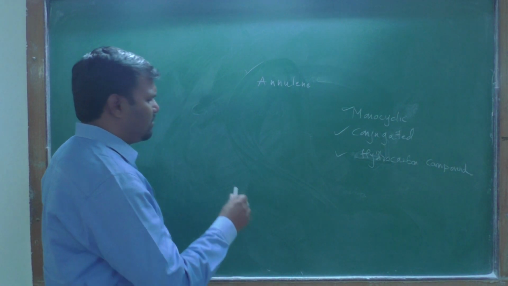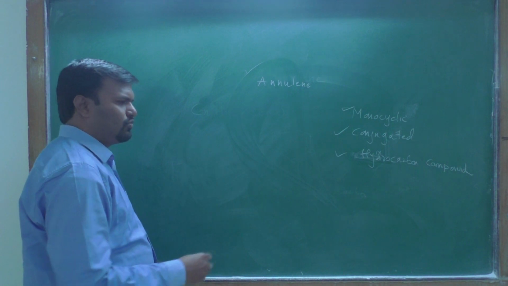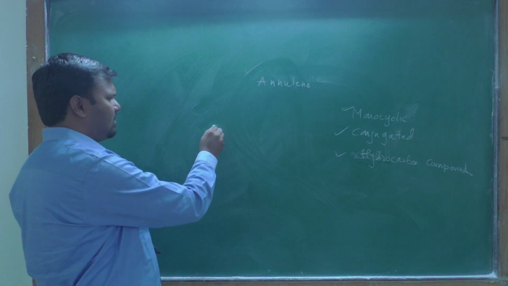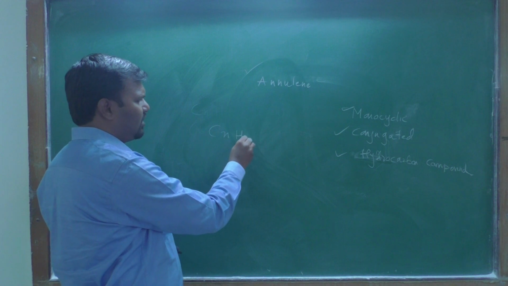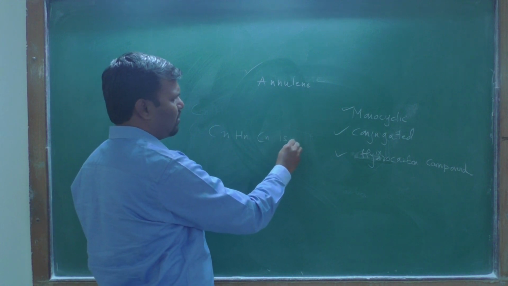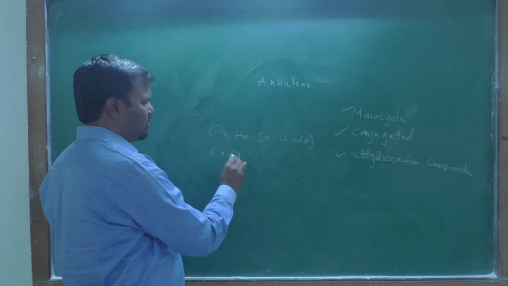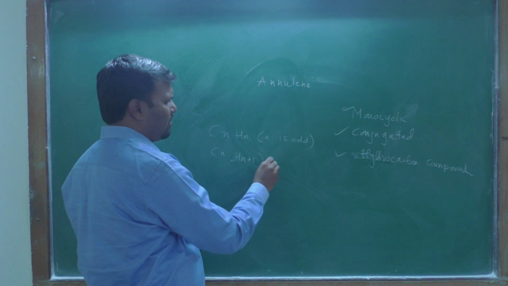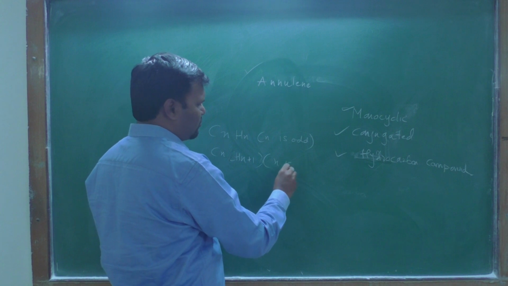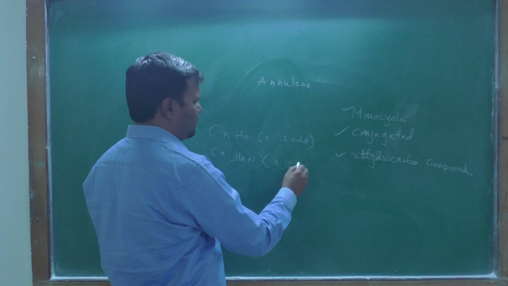Generally, an annulene compound is shown by the formula CnHn when n is even, or CnHn+1 when n is odd.